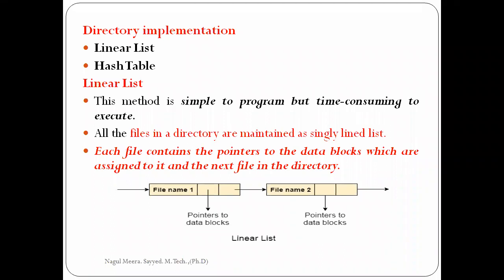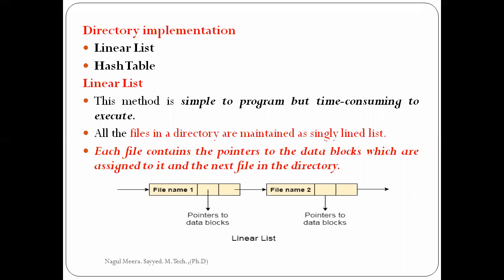So the same linked list concept is implemented in this directory structure, that is linear list directory implementation. In this, all files in a directory are in linked list format. That means each file consists of two parts only. First part is file name, second part is pointer.